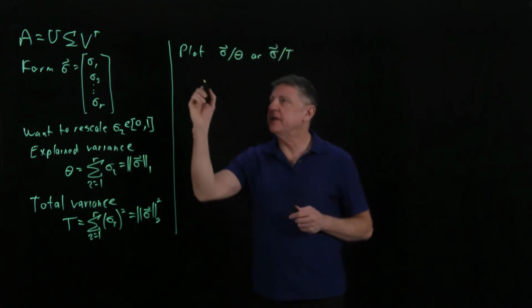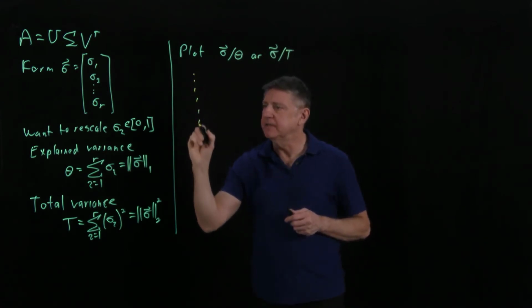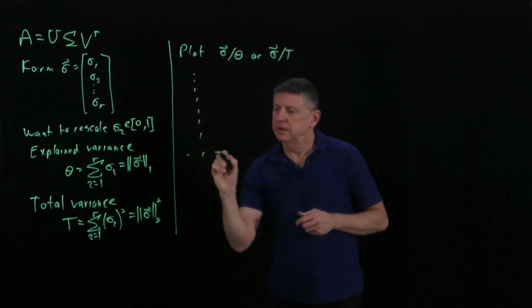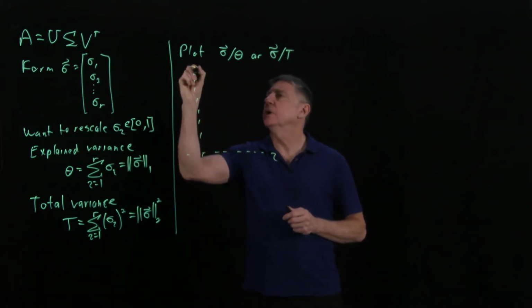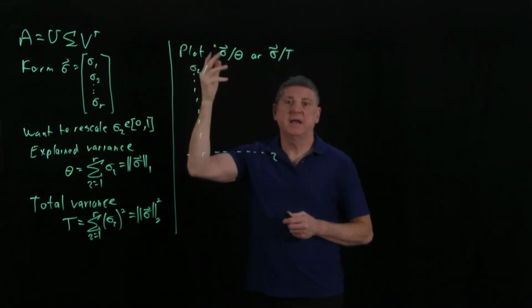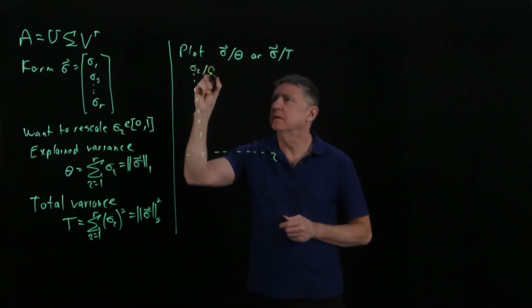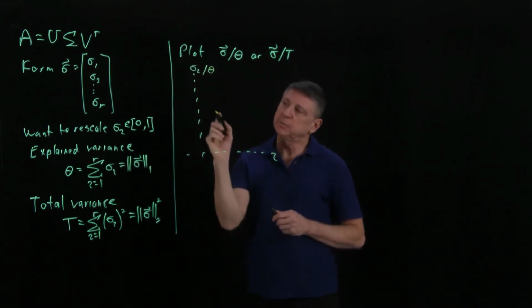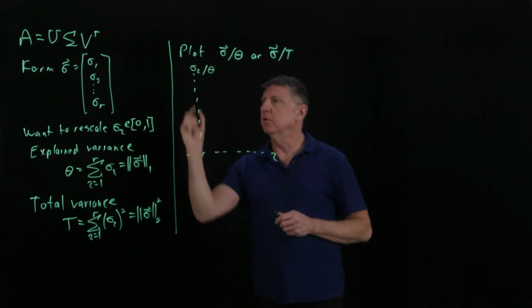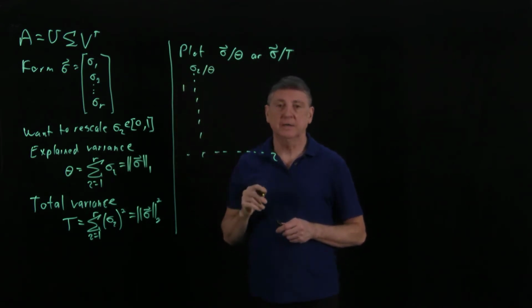And in either case, what we get is something like this. Here we have the index I, and here we have sigma I divided by, let's say we divide it by theta. So what this will look like is this will be 0, and this will be a value 1.